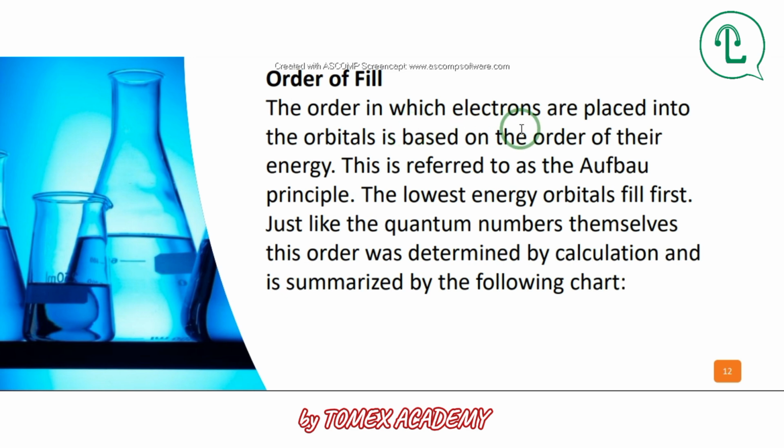The order in which electrons are placed into the orbitals is based on the order of their energy. This is referred to as the Aufbau principle. The lowest energy orbitals fill first. Just like the quantum numbers themselves, this order was determined by calculation and is summarized by the following chart.